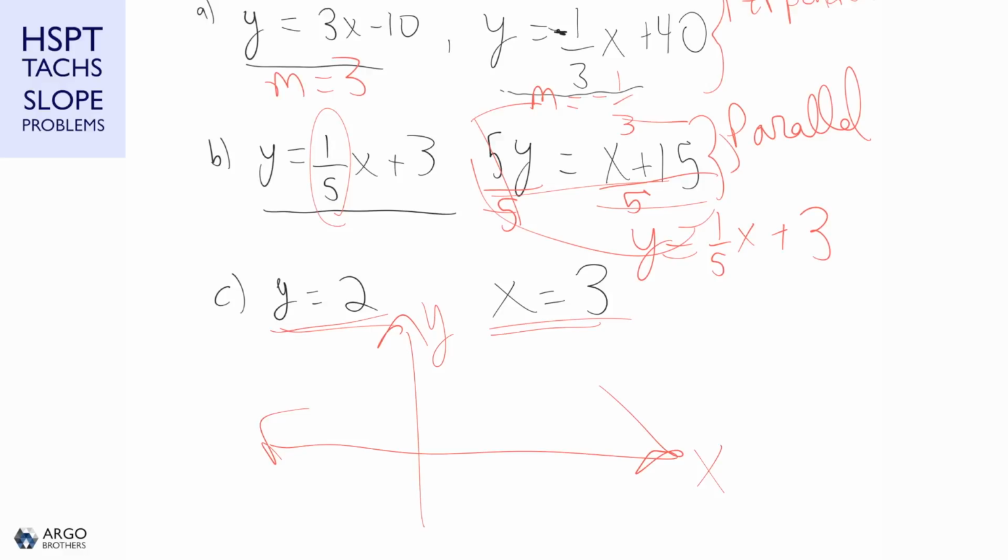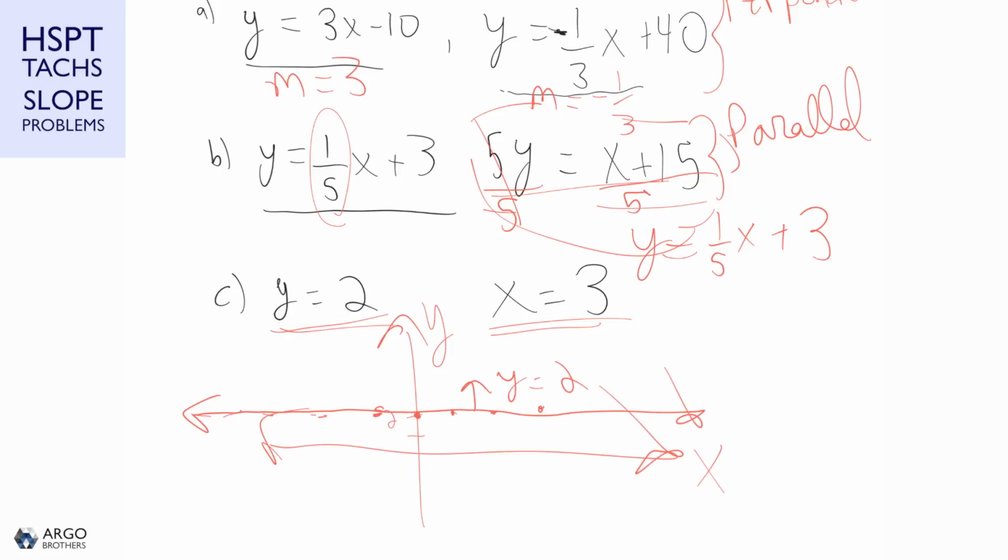Y equals 2 is this point here, but also y equals 2 here, and here, and here. So the line y equals 2 is this horizontal line. That line is purely horizontal, and it's parallel to the x-axis.